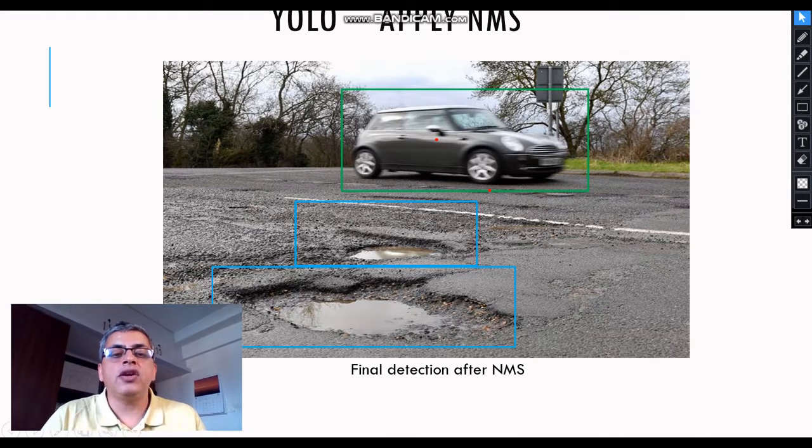So we have applied non-maximum suppression, and we've got just 3 different boxes where there are likely to be objects. Here within this green bounding box we have the car detected, and in the blue bounding boxes we have the potholes detected.